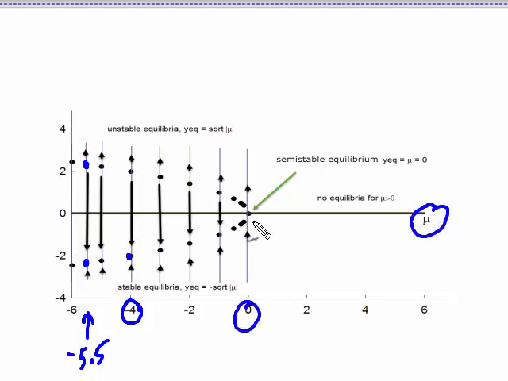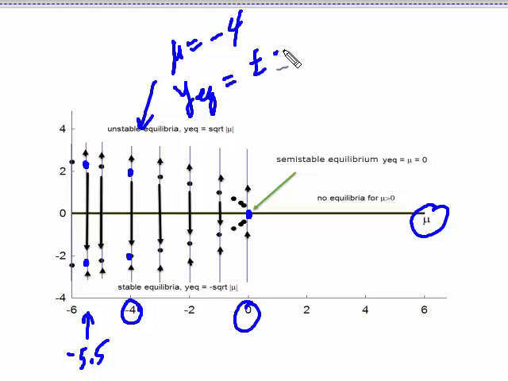So here's the parameter value of 0, and there was 1. As the parameter is negative, we have 2, plus or minus the square root of the absolute value of the parameter. So for example, right here, the parameter was minus 4, the equilibrium values were plus or minus 2. So that's graphed right here, and we just continue that.